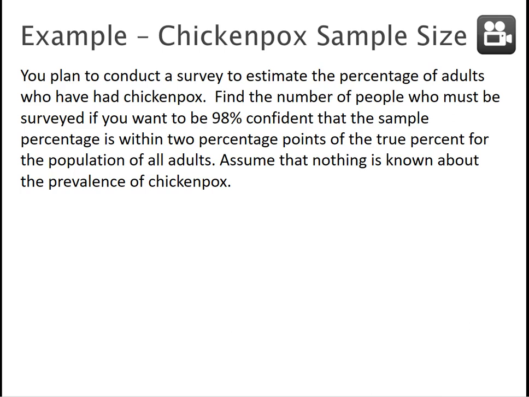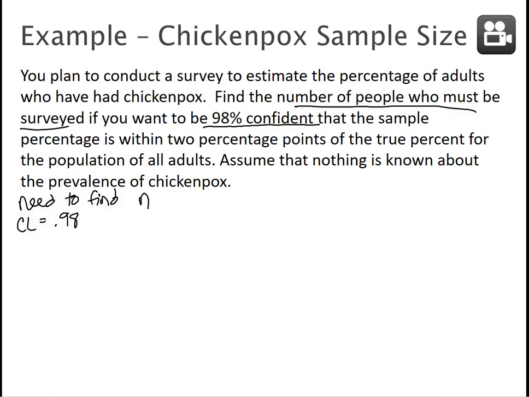Okay, so in the previous video we saw something similar to this, where we were asked to find the sample size. And I know that because it says find the number of people who must be surveyed. So I need to find N, or my sample size. My problem tells me I'm going to be 98% confident, so my confidence level, I'm going to convert that 98% into a decimal to be 0.98.